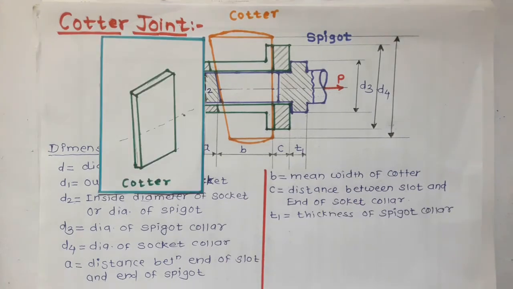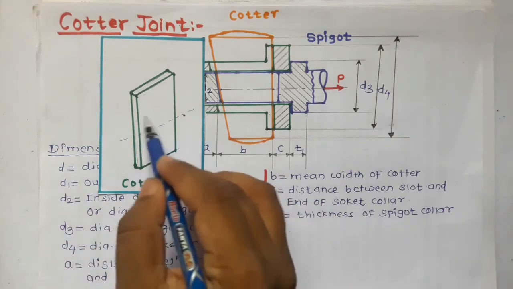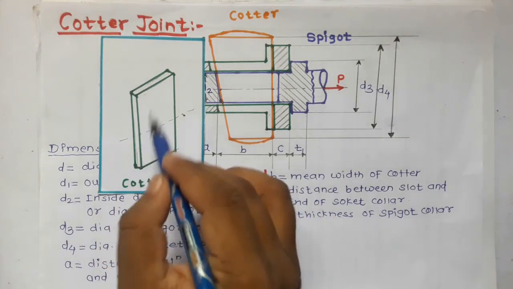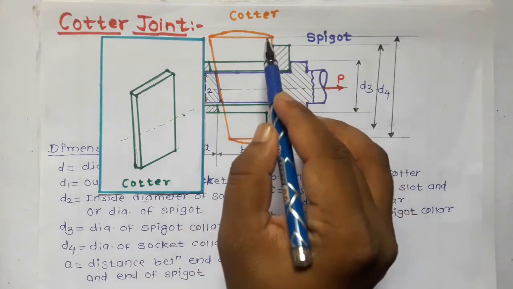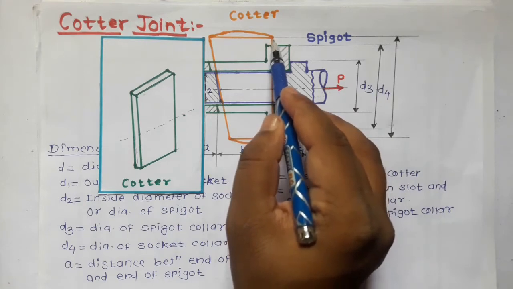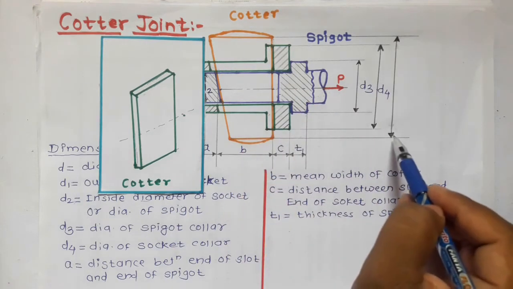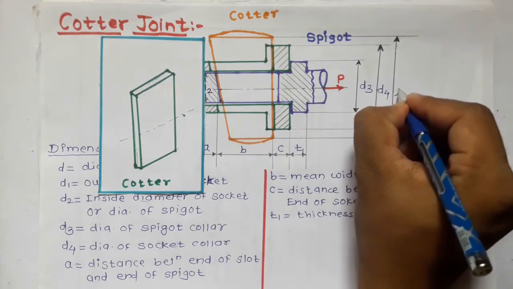Now the next dimensions are related to quarter. You can see a quarter which has taper on one side, and it has certain thickness and certain length. The length that we can show in this quarter joint, that is the distance between this point and this point, is denoted by this arrow and by letter small l.